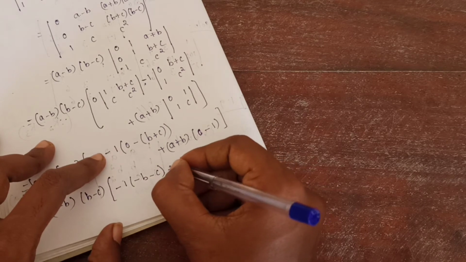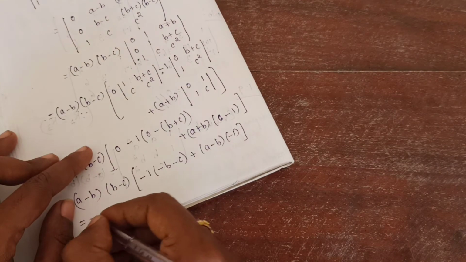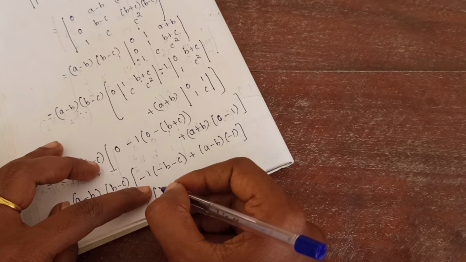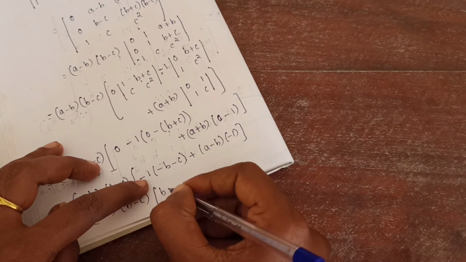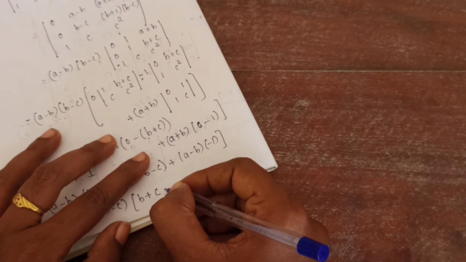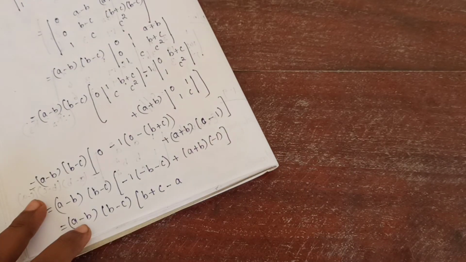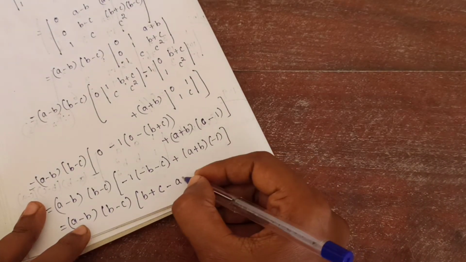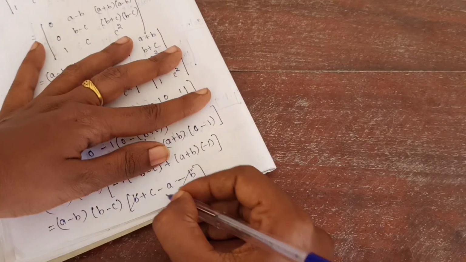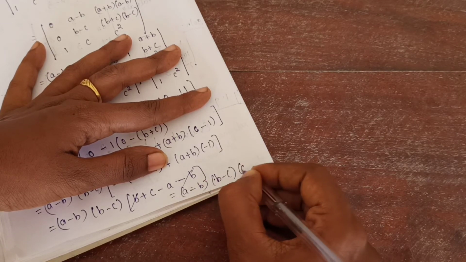Then plus a plus b into minus 1. So that is equal to a minus b into b minus c. Multiply with this minus, what will happen? Minus b, minus into minus plus c. Same here also. If we multiply, minus a. Plus b into minus 1, minus b. So plus b and minus b will get cancelled. So what's the balance? a minus b into b minus c into c minus a.